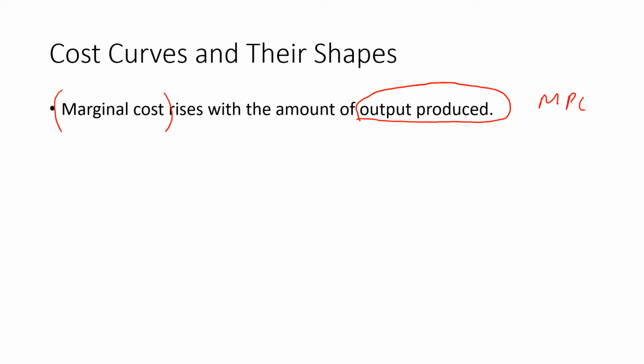Let's say we take the output on the y-axis and the amount of labor on the x-axis, and when we increase the labor the output increases but at a diminishing rate, such that the marginal productivity of labor of each additional unit is declining.